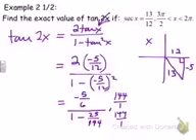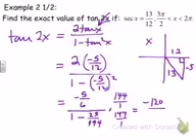6 goes into 144 24 times? Yeah. And 24 times negative 5 is 120. So negative 120 up top.